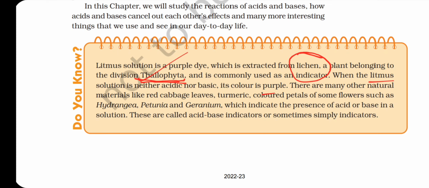Litmus can also be called a natural indicator or simply an indicator. There are various other substances which act as natural indicators, such as cabbage leaves, turmeric, and the color of petals of some flowers such as hydrangea, petunia, and geraniums.